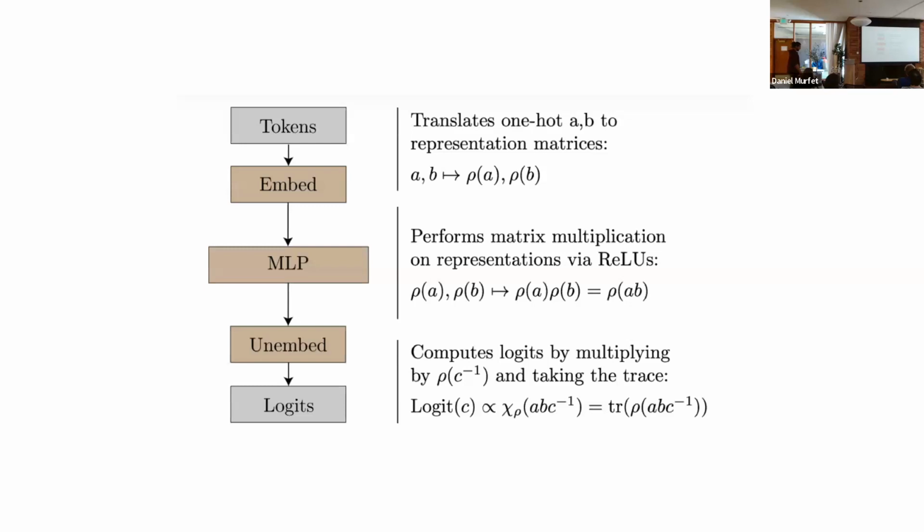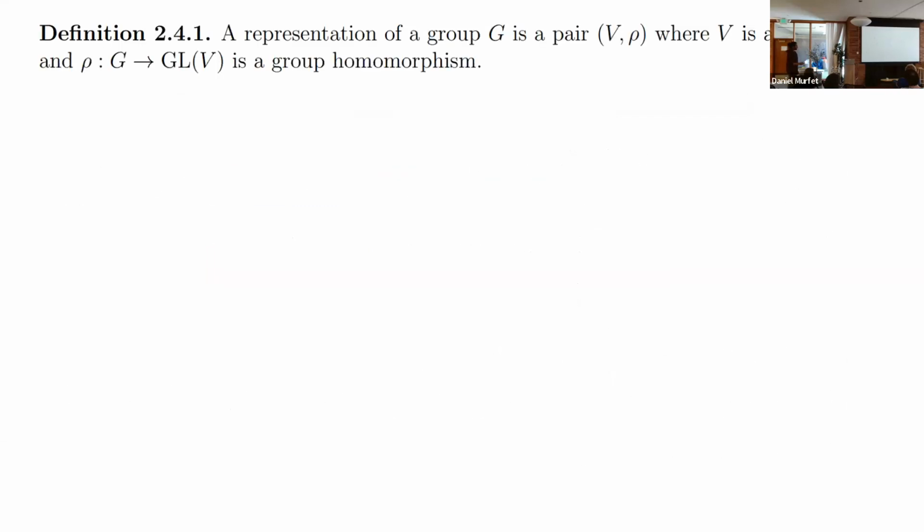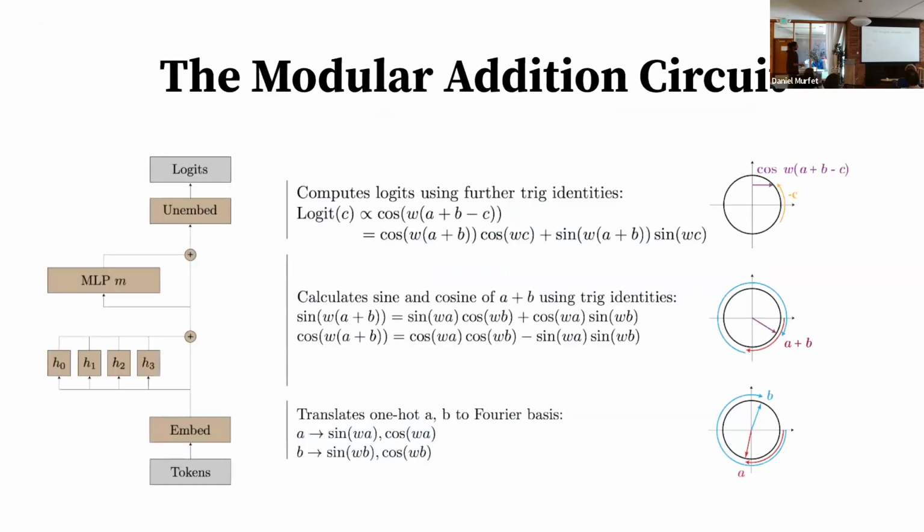Here's the general algorithm. Confusingly, we flip everything upside down, so now tokens are at the top. I don't know why I did this. I probably shouldn't have, but I thought it made more sense this way. This is basically identical to this algorithm, except we cut out the attention layer.